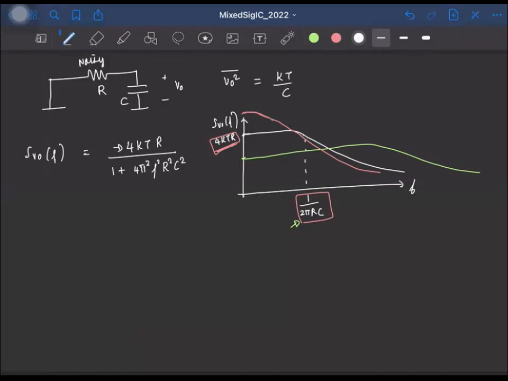And finally, the mean squared value is simply equal to kT by C, right? So if you increase the resistor, the PSD will increase. But what happens? The bandwidth will decrease, right? So because of this, the mean squared value is independent of the resistance value.